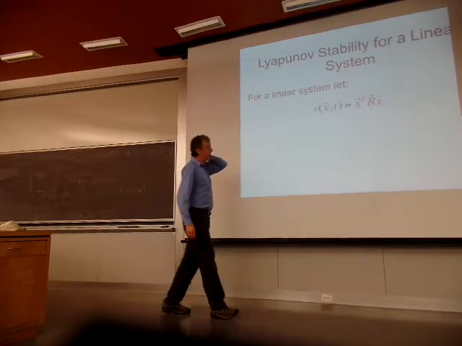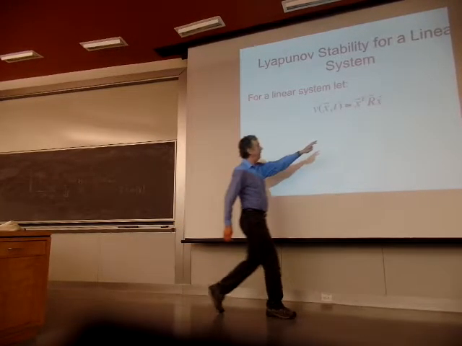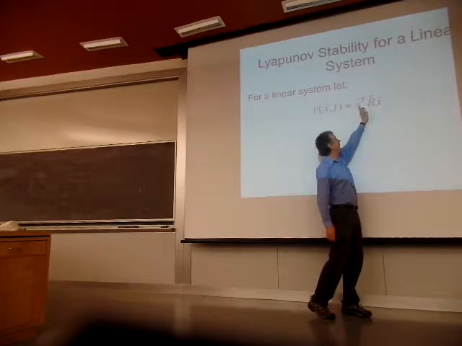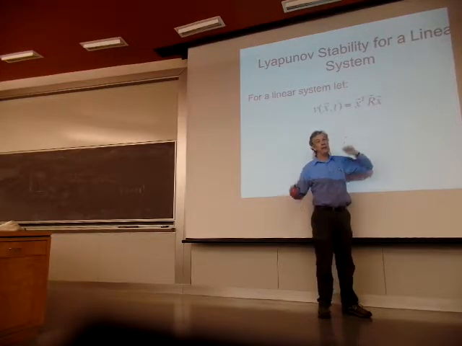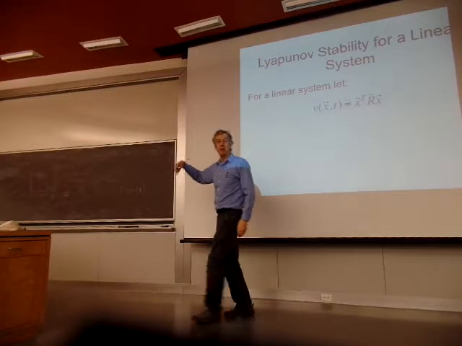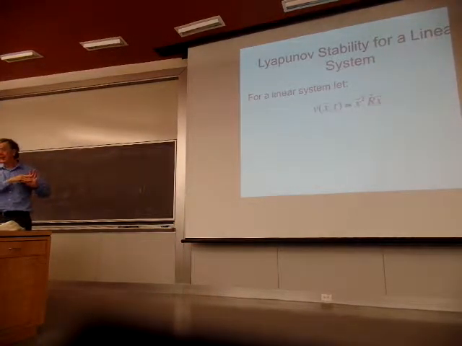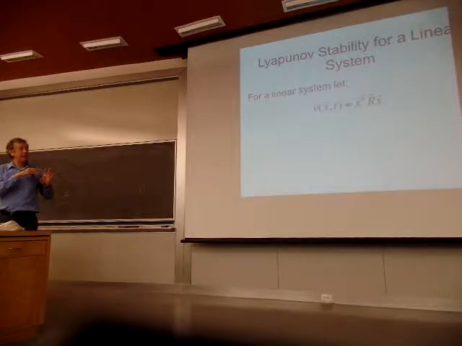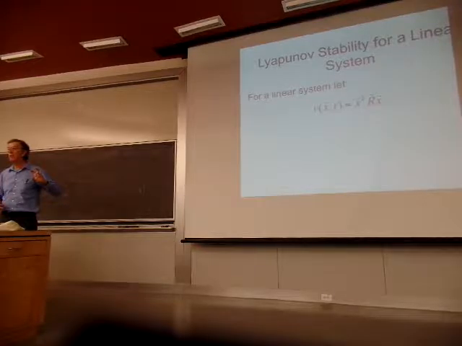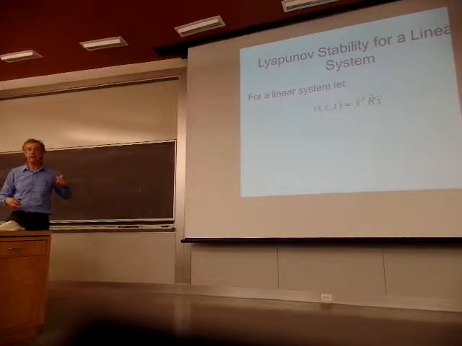I can define a Lyapunov function as some x transpose R x. Really what I'm doing here is some R x squared. It's the state squared. Realize that that's a form of some constant times x squared, following from your linear algebra.